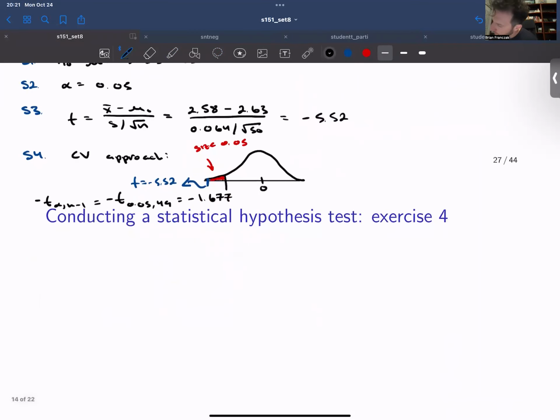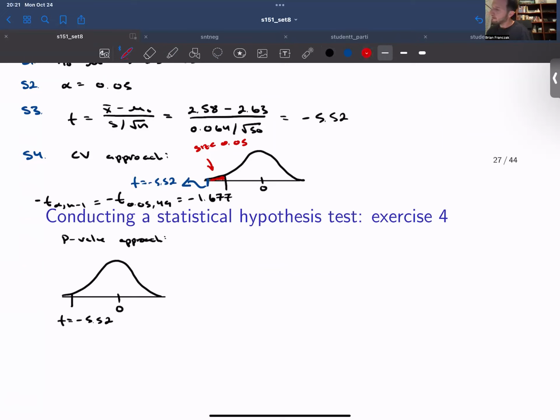If we take the p-value approach, we start by sketching out our student t-curve, and then we mark down where our test statistic is.